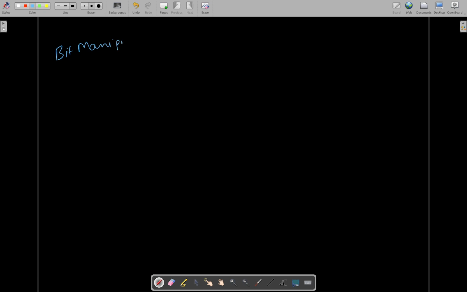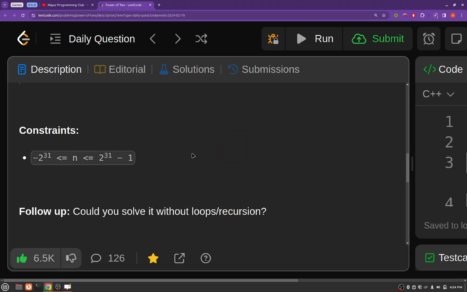If you are new to bit manipulation, then I'll try to provide a link of an article where you can read about what bit manipulation in general is. Other than that, I'll also give you a brief intro of the approach, how it's going to work in terms of binary representations. So let's start with the approach.